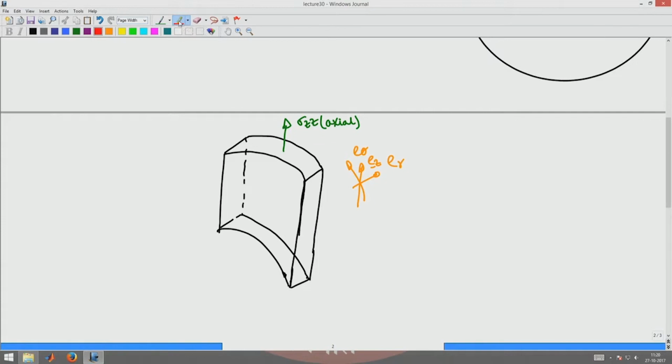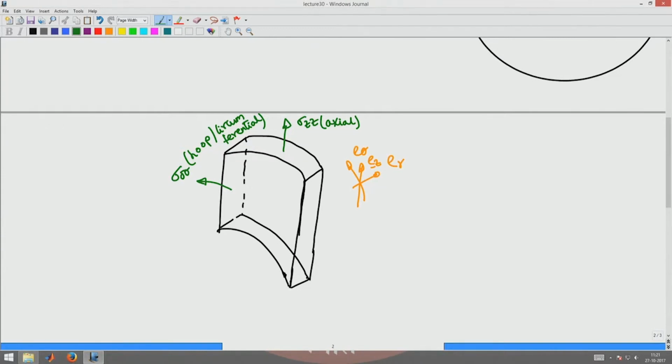This is the cut surface for which E theta, the circumferential basis, is positive, and hence this would be your sigma theta theta, or your hoop or circumferential stress.